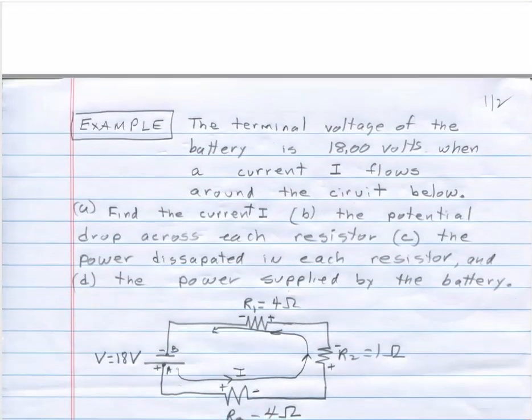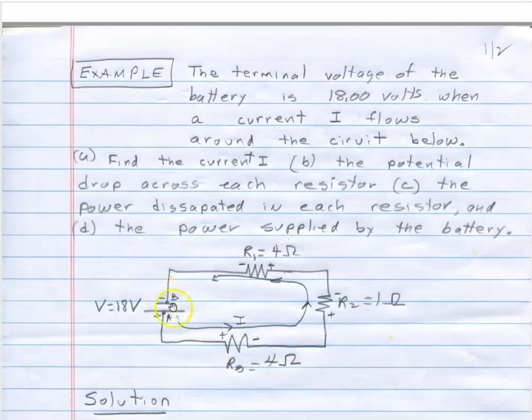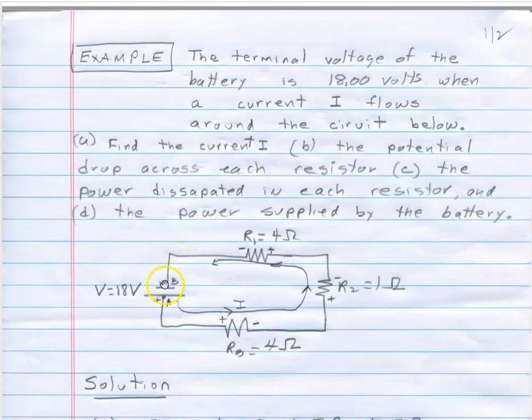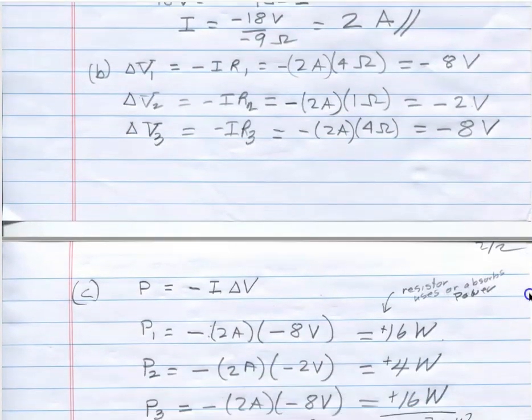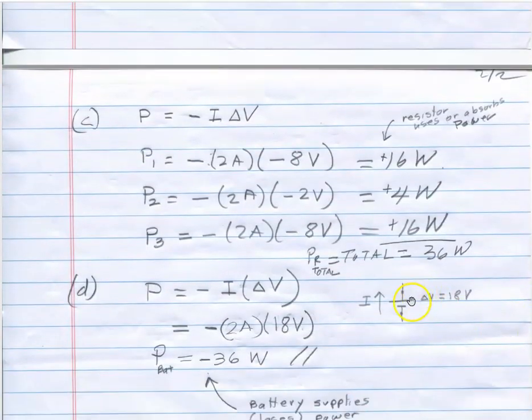If you take a look up here, current is going around in this direction, so it goes from minus to positive. That's what I've drawn here. Delta V, in this case, as I go from the short bar to the long bar, is going from low to high, so it increases by 18 volts. The current throughout the whole circuit is I, so I is 2 amps.